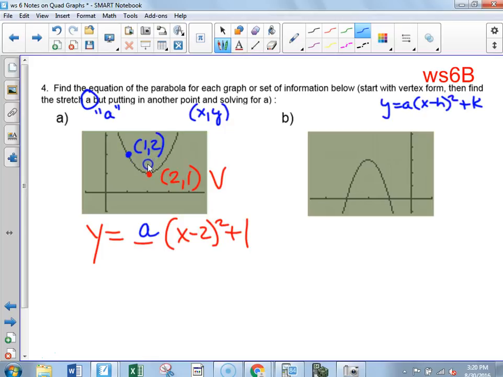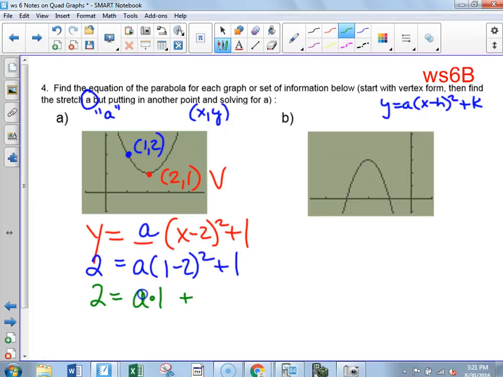Some of you already figured out what that means a is. If I plug in the 2 here, because it's a y, and this is a 1 for the x. Now we only have one thing missing, the a. So we have 2 equals negative 1 squared is 1.